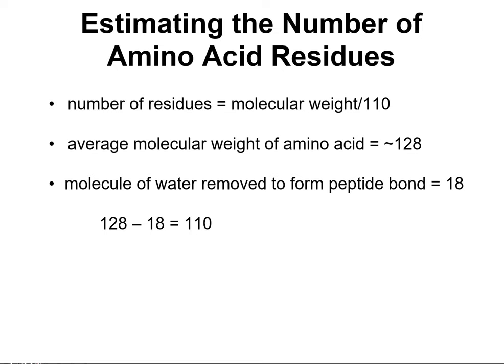So if the average molecular weight of an amino acid is approximately 128 daltons, and when you take two amino acids and condense them to form a peptide bond, you're removing a water, which is 18 daltons, that means that on average you're going to have about 110 for each amino acid. So if you take the molecular weight of your whole protein, divide it by 110, that'll give you roughly the number of residues in that protein. Again, not going to hold you responsible for that.